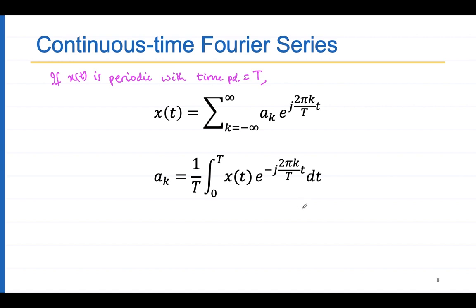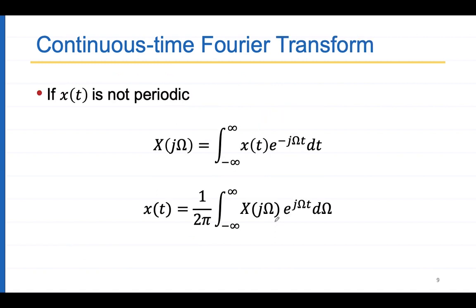Now this concept, which was there for periodic signals, can be extended to aperiodic signals also. The motivation is to find a transform which can decompose x into many sinusoids. So if x(t) is not periodic, I can find a transform in this way. I have any signal x(t), I multiply it with e to the power minus j omega t.